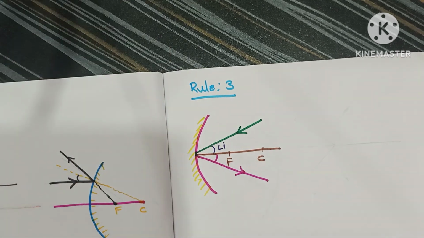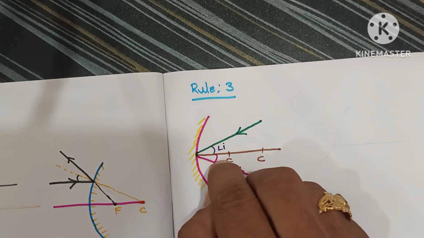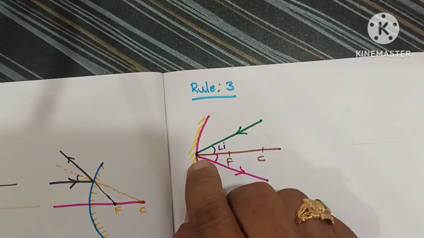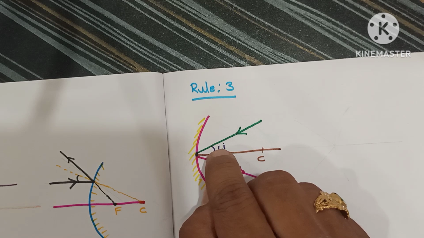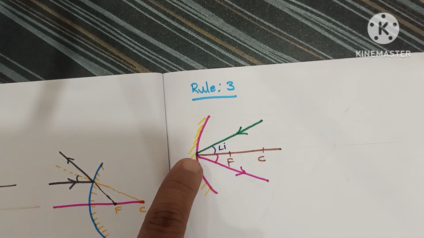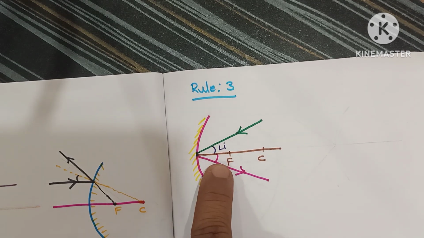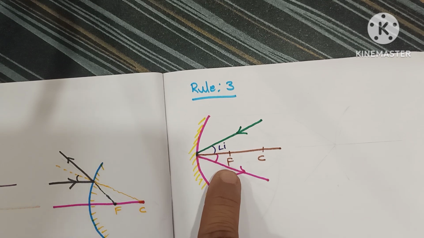So we will define this rule as: if a ray is incident on the mirror at the pole with a certain angle of incidence, angle I, then it gets reflected with the same angle of reflection, which is equal to the angle of incidence, on the opposite side of the normal or on the opposite side of the principal axis.